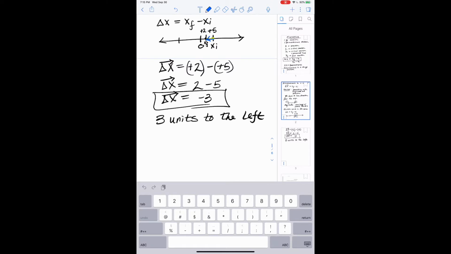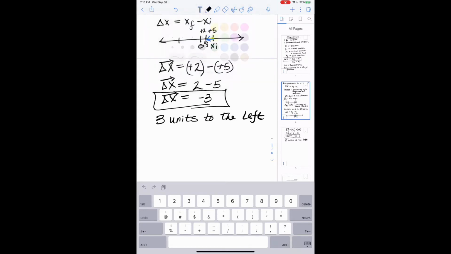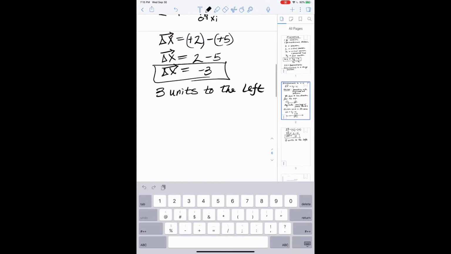And that's kind of the idea of displacement. So it is a change in position. It contains a direction. And I sometimes like to think of displacement as the net movement in a direction. So let's write that down.